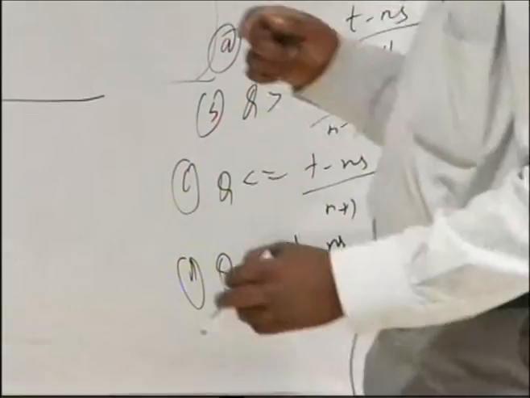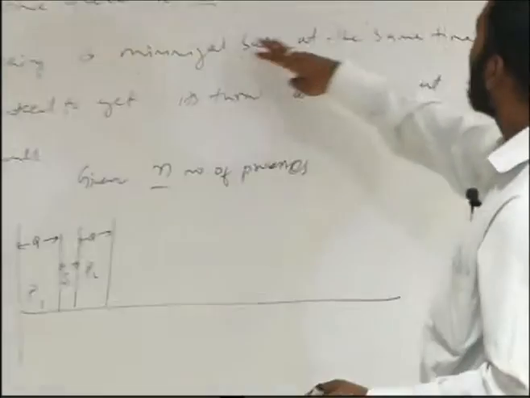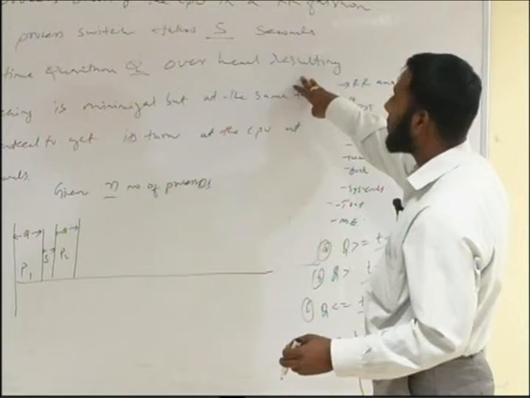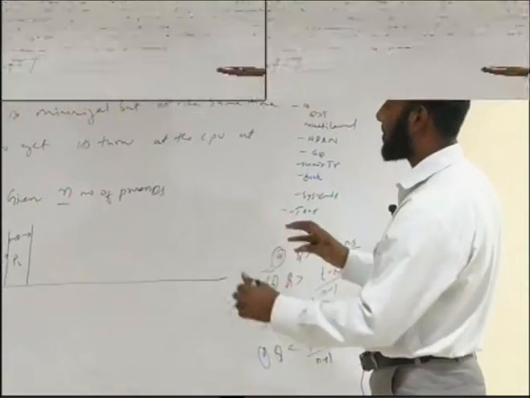Okay, what should be the value of Q in order to avoid context switch overhead, so that process switching is minimized.